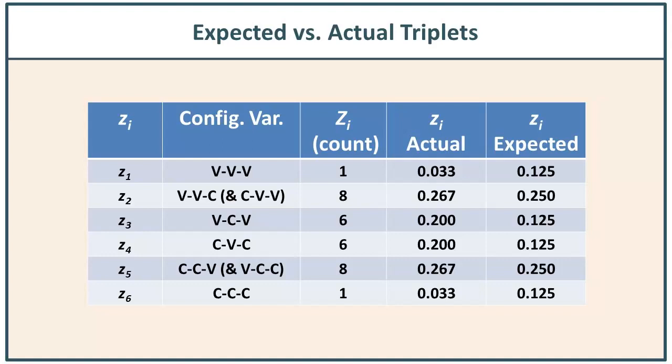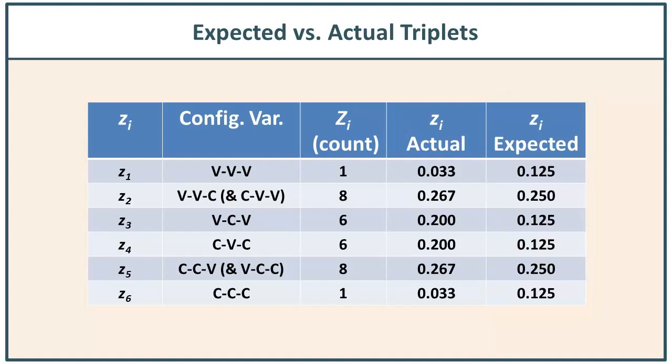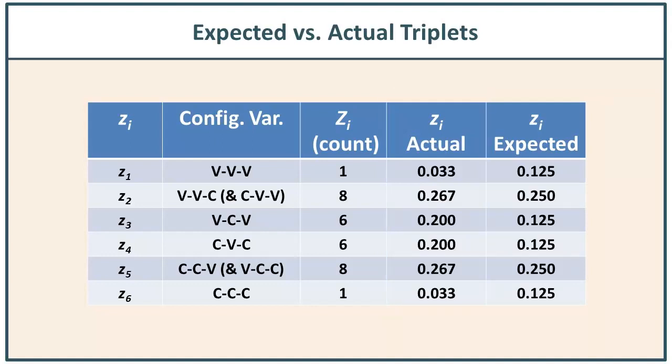Once again, it's symmetric. That's just an artifact. We don't expect it to happen every time. What we want to note are the probabilistic expectations for the various z values versus the actual count. In other words, if the triplets occurred in sort of a random coin toss manner, we would expect, for example, 0.125 as a fraction of the z1s. But it turns out that we actually have much fewer than that.